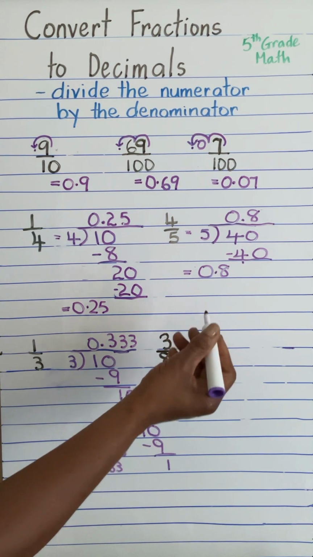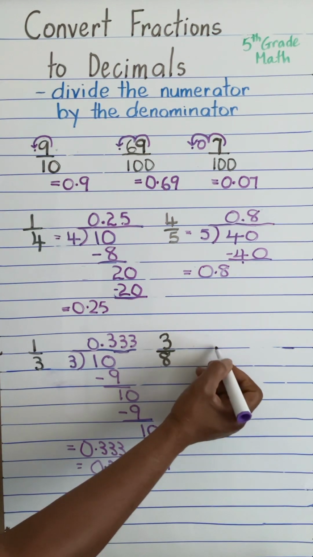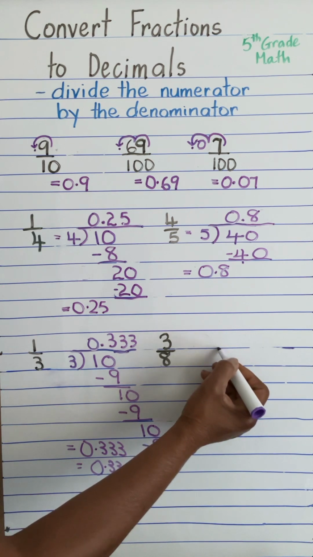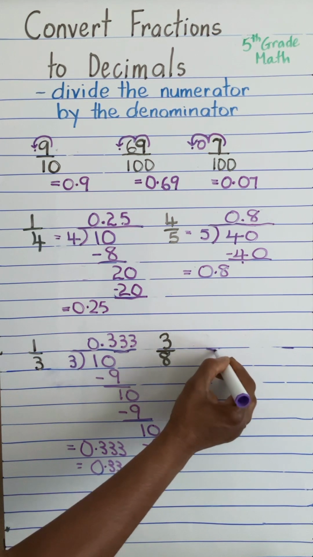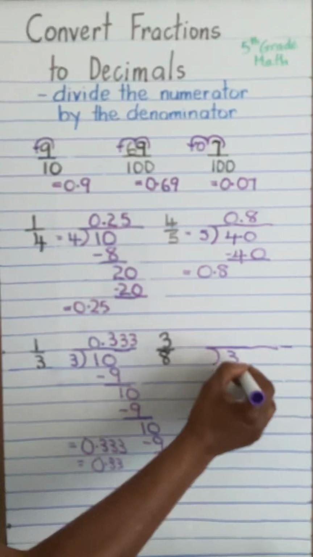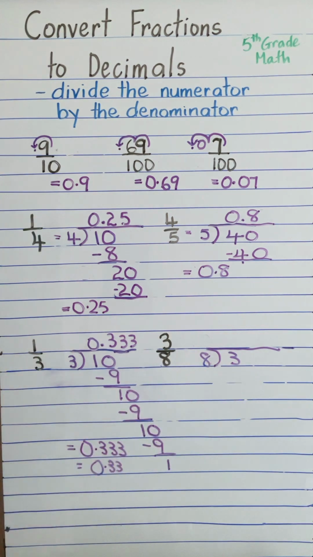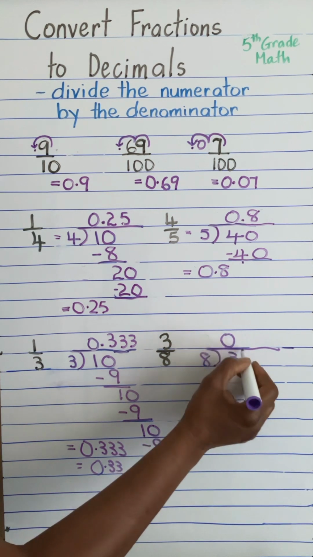Next, 3/8. The same: I'm going to divide the numerator by the denominator. Numerator is 3, denominator 8. How many times can 8 go into 3? 0 times.